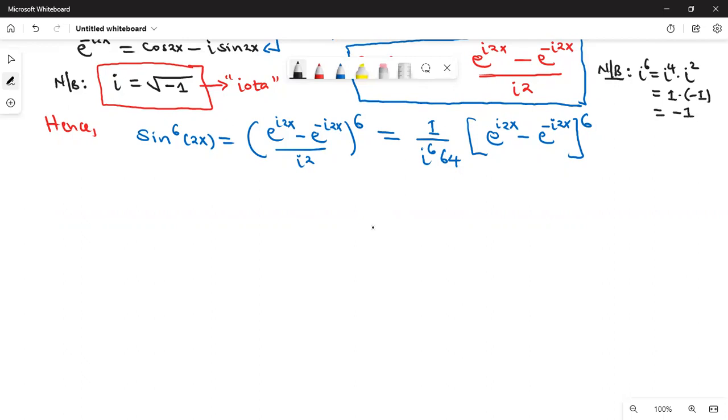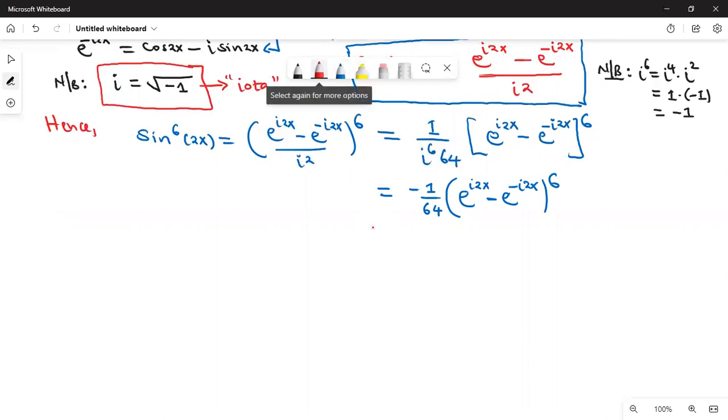So i raised to 6 gives us negative 1. So we expect this to be equal to negative 1 over 64 times exponential i to x minus exponential negative i to x, and this is raised to 6.